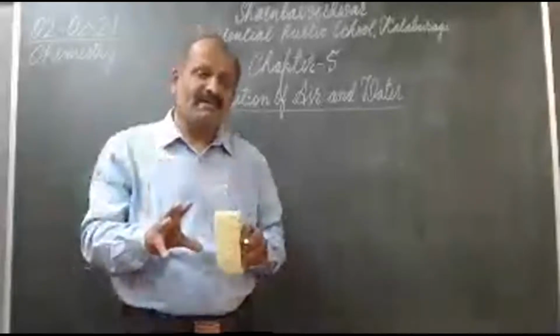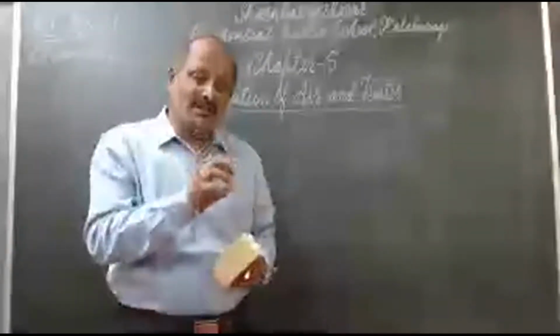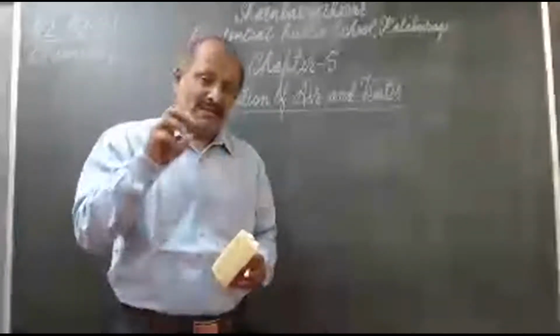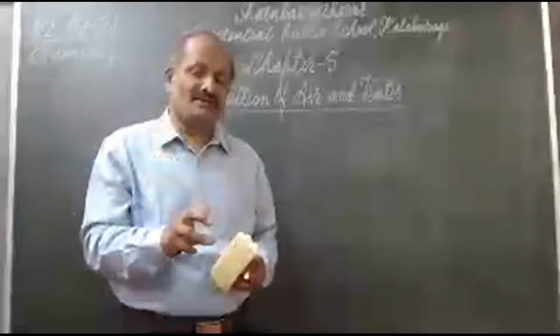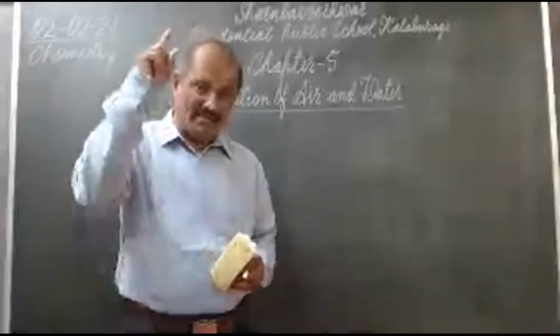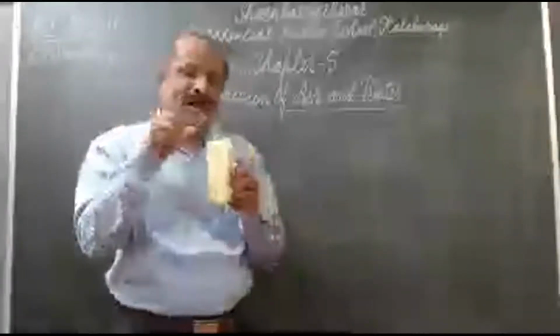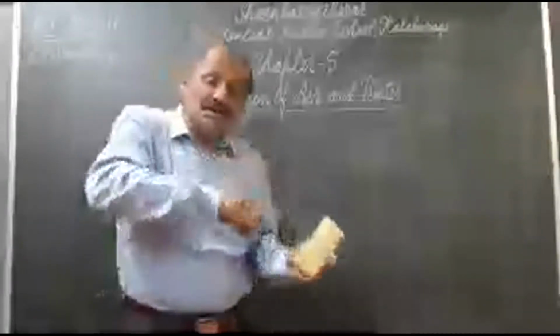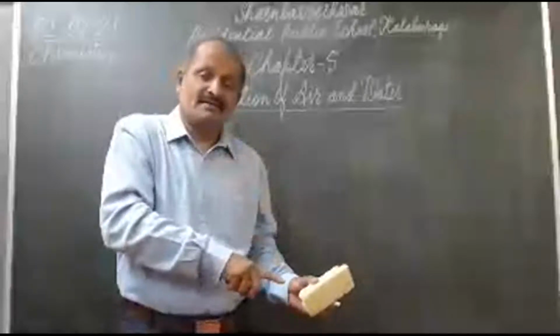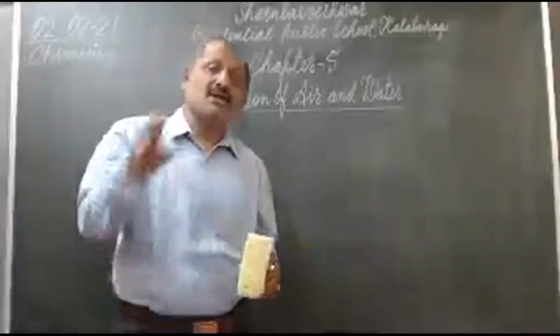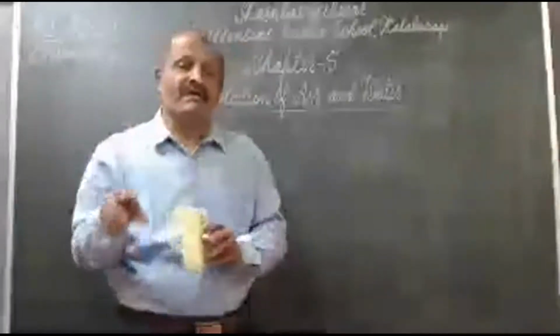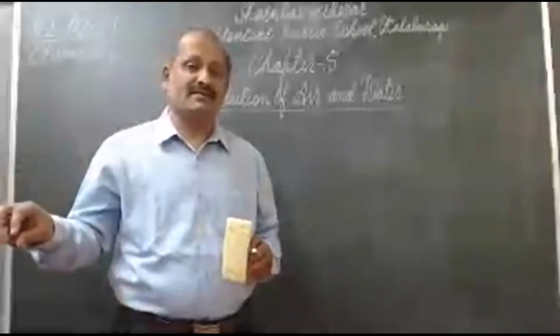Therefore, I am saying air pollution is defined as the presence of pollutants in the atmosphere or in the air that have a very harmful effect upon living beings as well as other organisms and even non-living things.